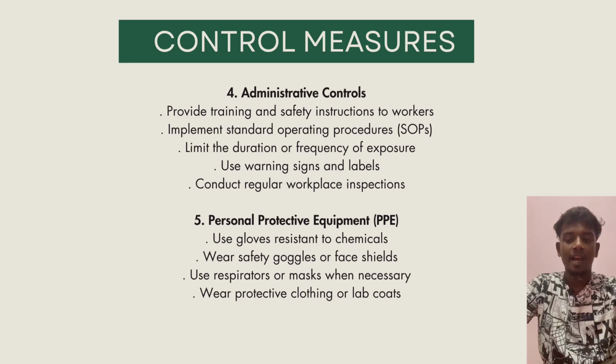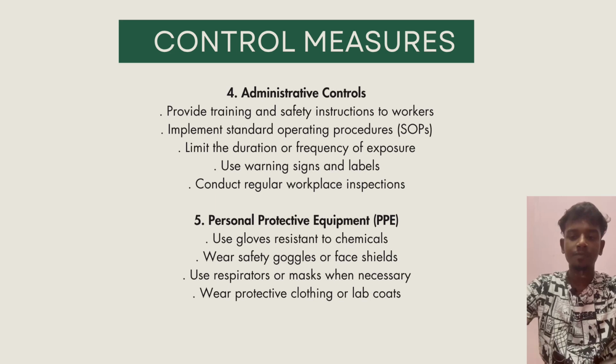Fourth point, administrative control, which is to provide training and safety instruction to workers. Limit the duration and frequency of the exposure. Use warning signals and labels. Conduct regular workplace inspections. The last point, personal protective equipment, which is PPE.